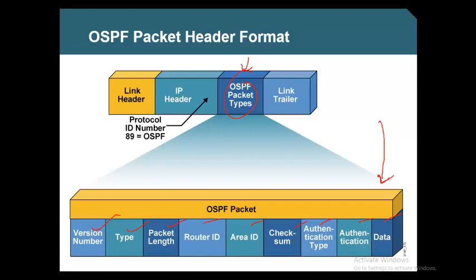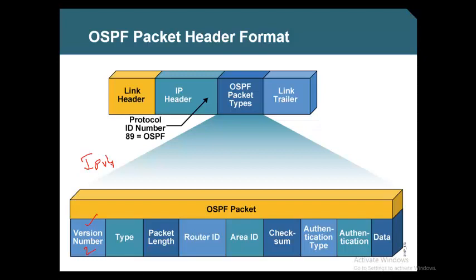So this is how the OSPF header will look like. It has all these fields like version number. Oh, sorry, not IP version. This is the OSPF version number. It's not the IP version. IP version is 4, no? But the OSPF version is 2. I repeat.